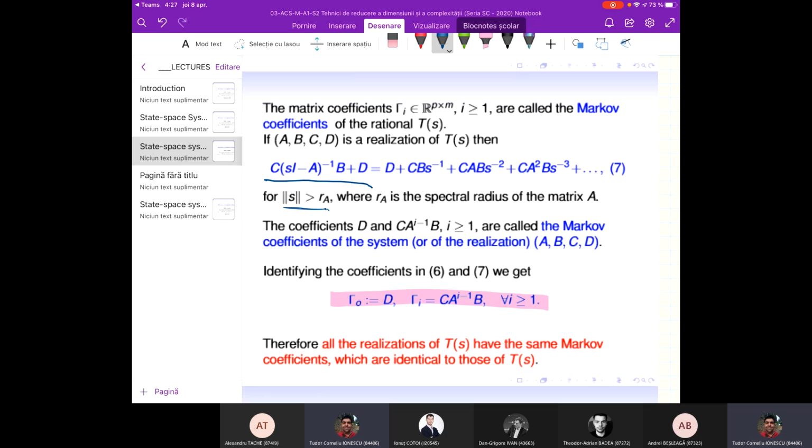So these coefficients from D to CA to the power i minus 1 B, for any i larger than 1, are called the Markov coefficients of the system, or of the realization (A, B, C, D).